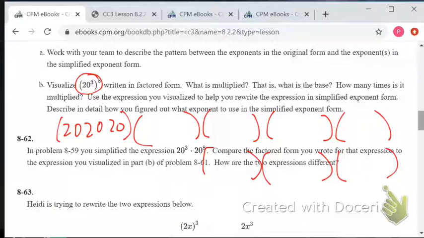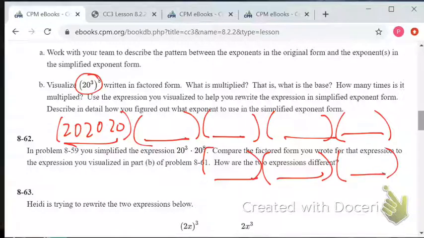Instead of writing this 20 three times, and then another three times, and so on, what's the faster way to do this? How many 20s will we end up having? At this point, go ahead and pause the video if you want to try to figure this out, and then come back in a few seconds.